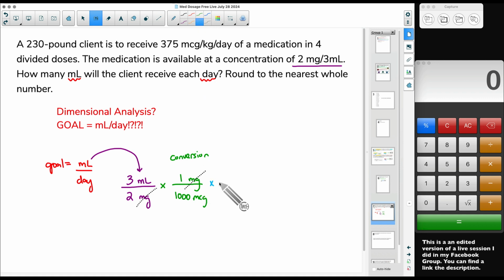Now, the whole point of us doing this, we converted to micrograms. I'm going to bring in the double slash. That's what I call it in the workbook. 375 micrograms. Yes, I can bring that in because I'm about to cross out those words. 375 micrograms per kilogram per day. Now look at how I did it.